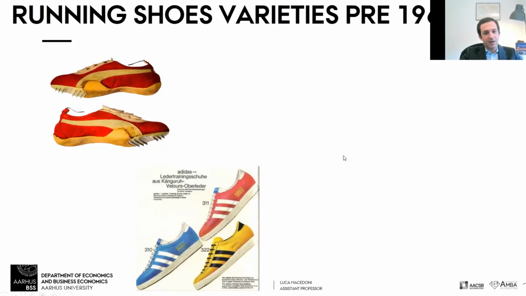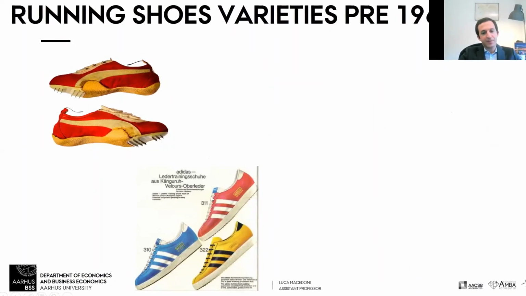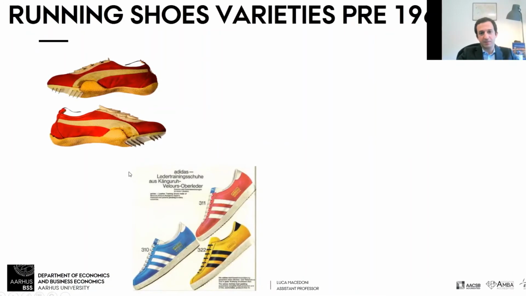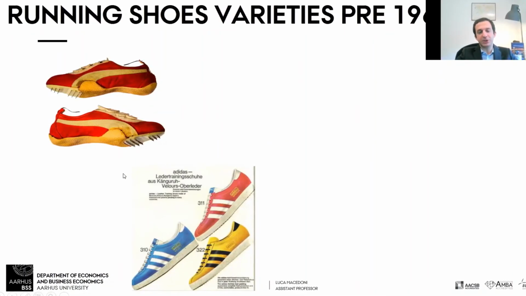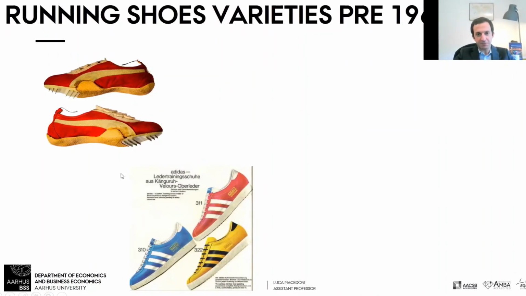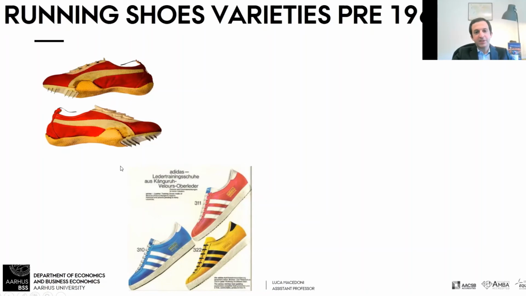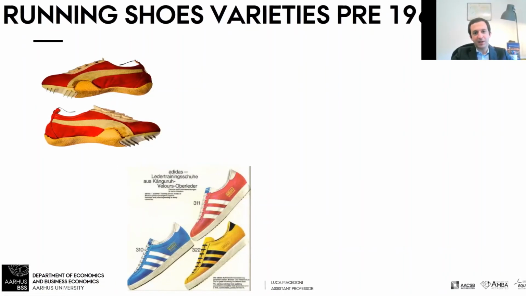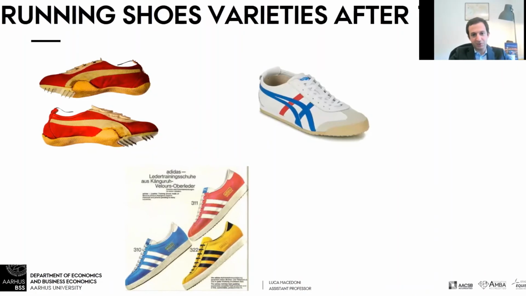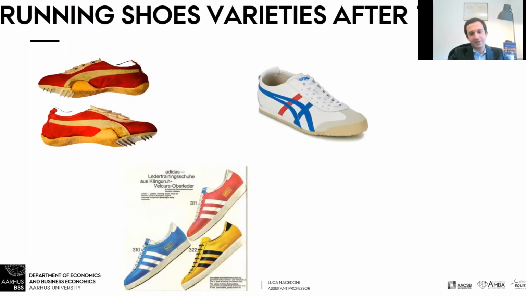Okay. So before '64, these were the two brands, the two firms in the market. Now, I'm sure there were also some smaller firms, but he doesn't mention them. Then after '64, when he starts importing Tiger Onitsuka, there are now 3 varieties of running shoes in the US.